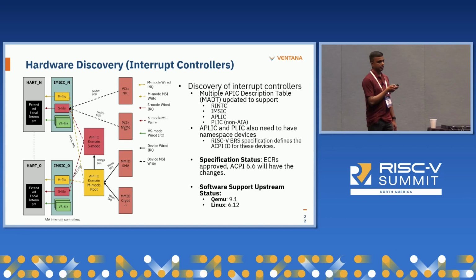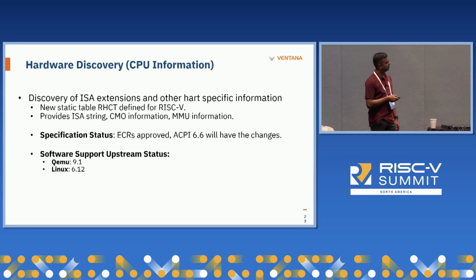All these change requests in the ACPI spec are approved. And we also need APLIC and PLIC in the namespace device, which is defined in the BRS spec. ACPI 6.6 is going to have all these changes, and QEMU and Linux latest already have these changes upstreamed as well.